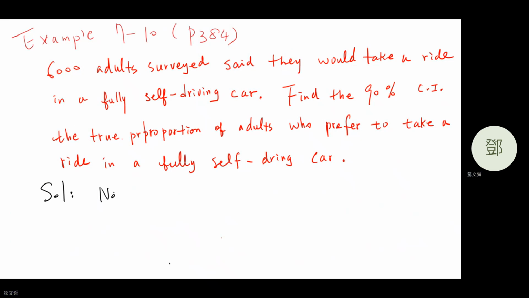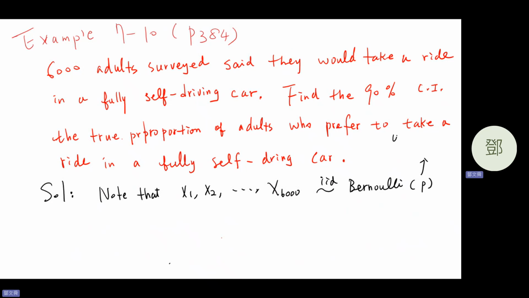Note that X1, X2, all the way to X6000 are IID Bernoulli P, where P is the unknown true proportion. Okay?